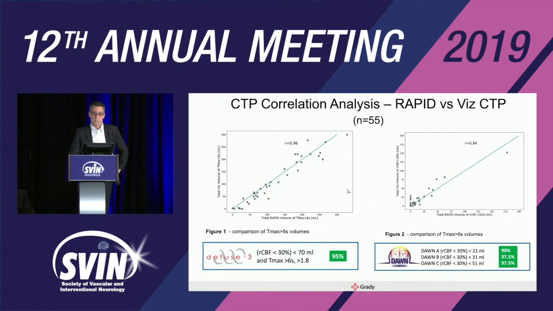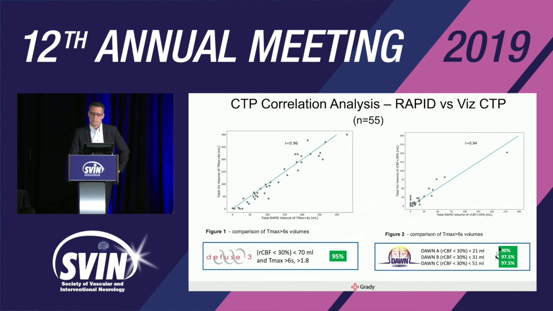So what you did here is you compared the volumes that would trigger a treatment case in terms of the CTP parameters with RAPID and ViZ AI. And as you can see, there is essentially extremely good alignment, to the point that in 95% of the cases, the two softwares would say you should treat this patient by either criteria.